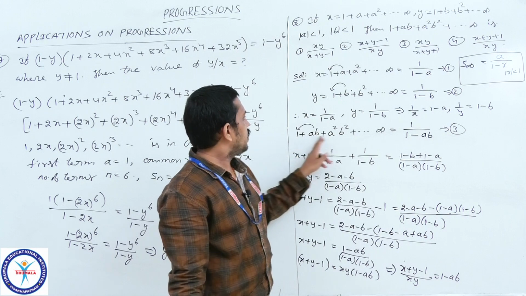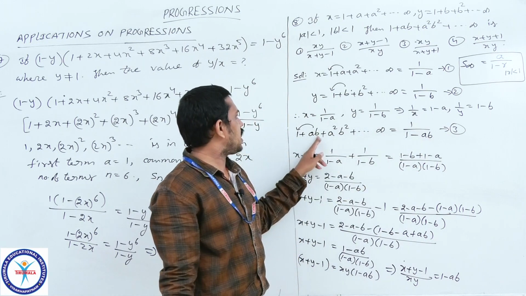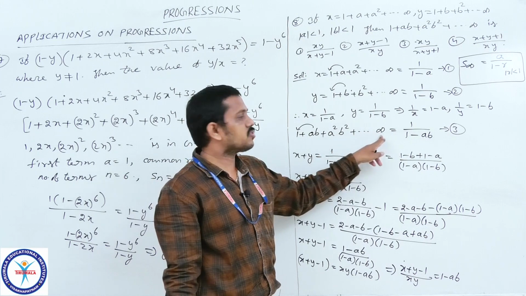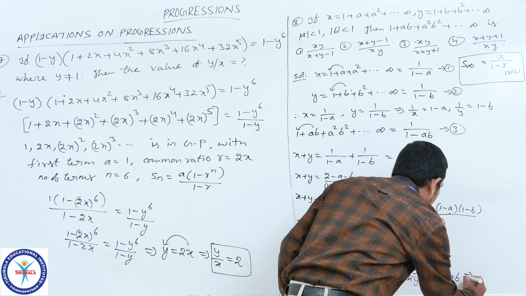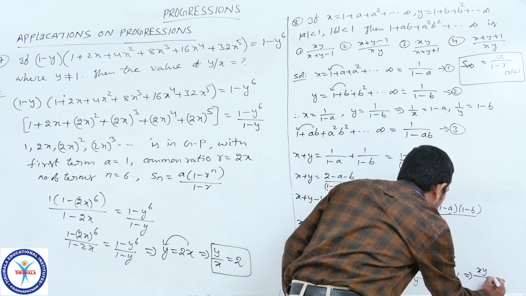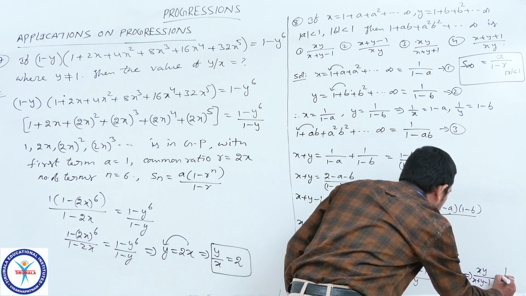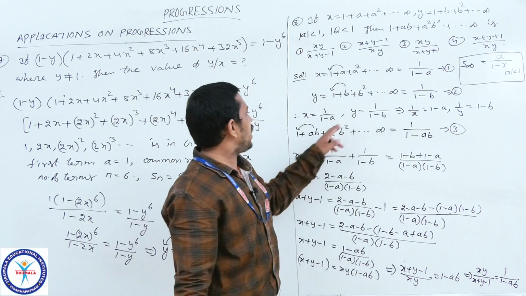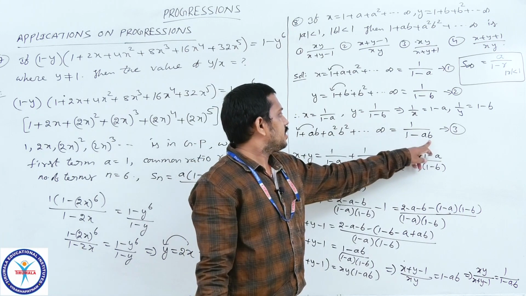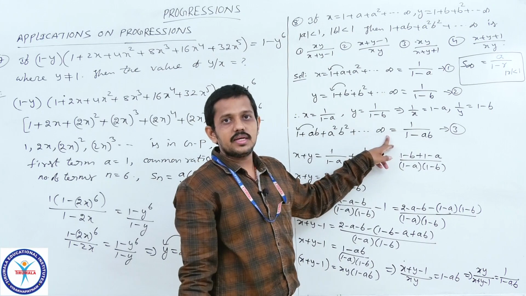1 by 1 minus ab is equal to 1 plus ab plus a square b square plus and so on infinity. So, consider this reciprocal. Then xy by x plus y minus 1 is equal to 1 by 1 minus ab. But 1 by 1 minus ab is equal to 1 plus ab plus a square b square plus and so on infinity.